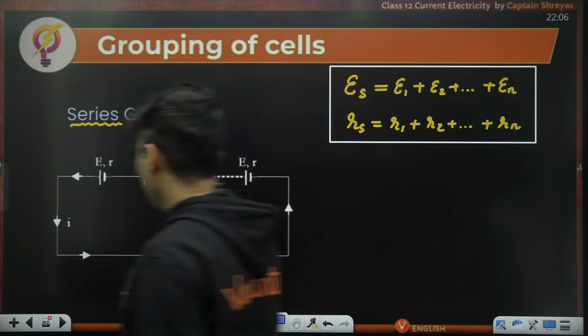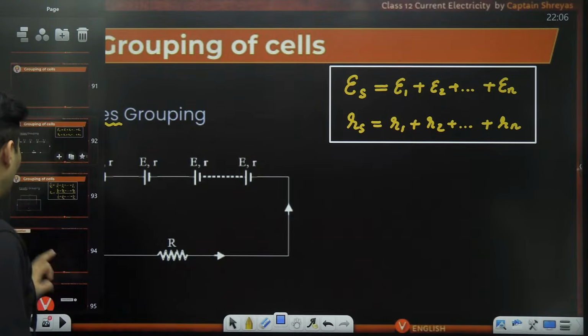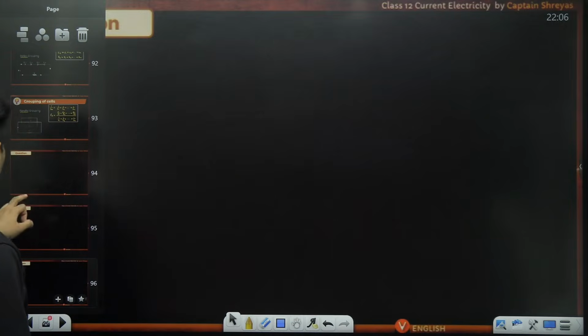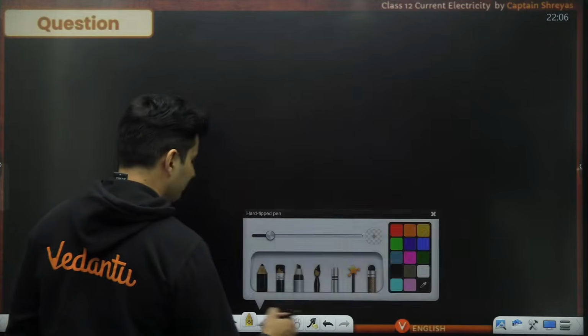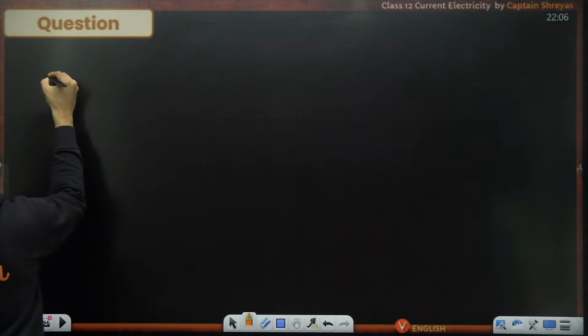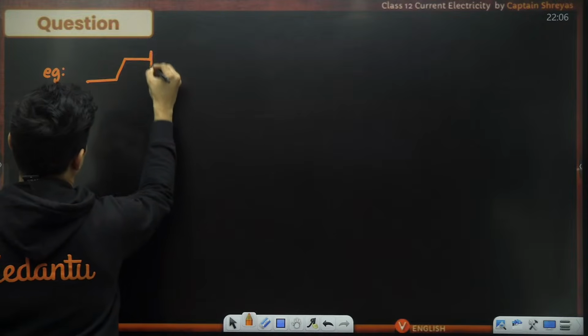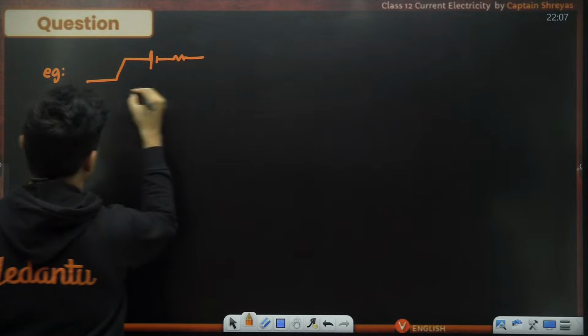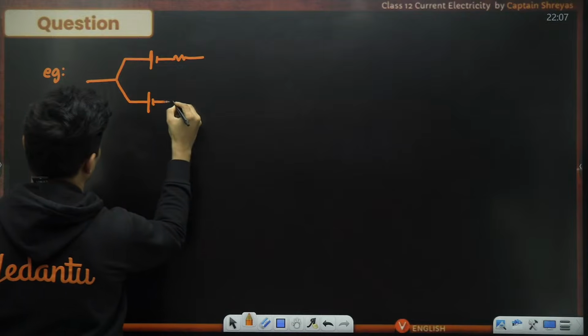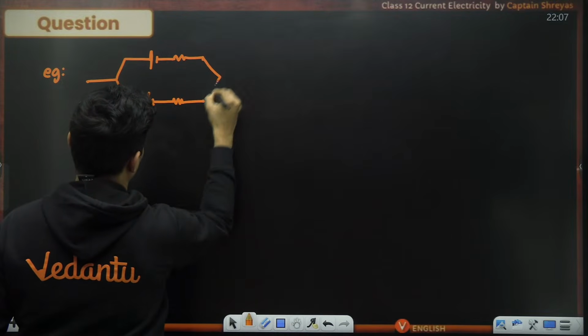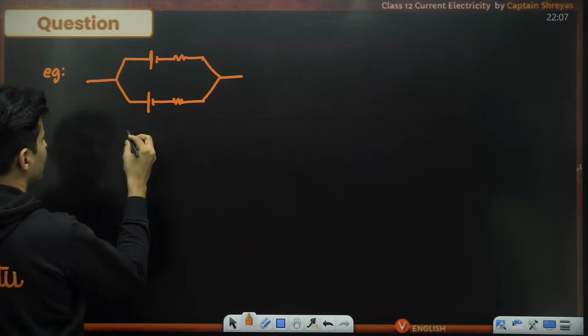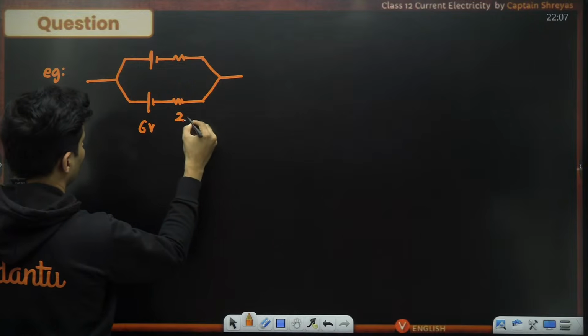Let me demonstrate this to you via a simple example so that you also get a hang of it. Say for example, I tell you that, hey, listen, we have one battery over here like this and another battery over here like this. And this is, let's say, 6 volts, 2 ohm.